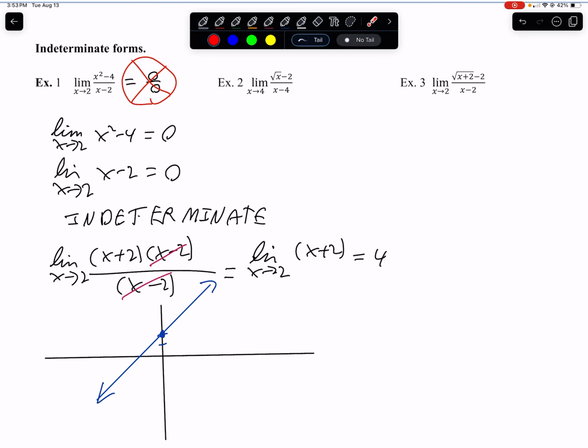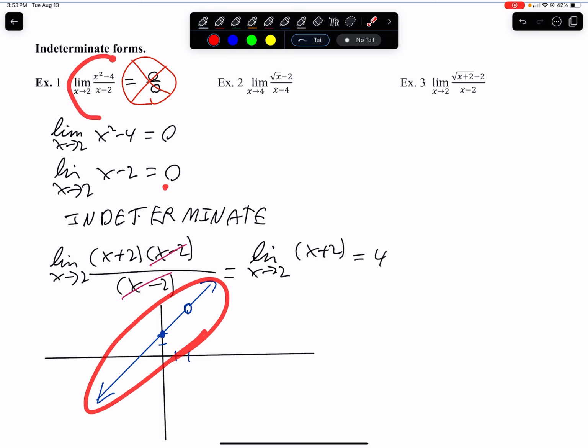So if you're going to graph that, you would say at 2, there's a hole. And you would draw a hole there. This is the graph of that. Because the x minus 2's canceled, you have a hole.